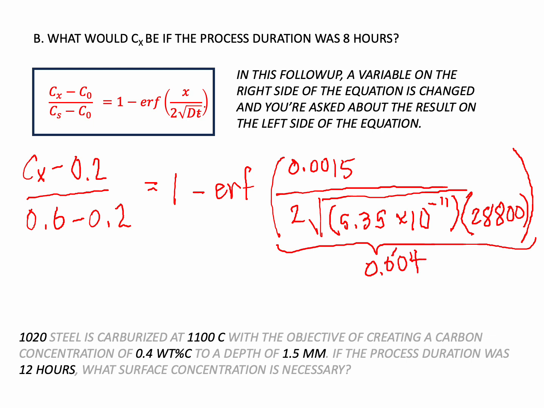And you should always try to run it through twice just to make sure that you did that calculation correctly. Yep, I got the same value. So now I can use my error function table, putting z at 0.604 to find out the value of the error function of z.